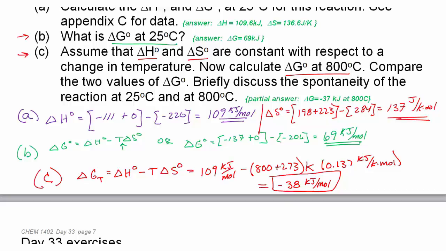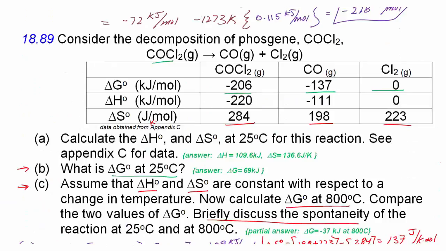So briefly discuss, well, it went from being non-spontaneous to being spontaneous. At the higher temp, it's now spontaneous. So just a few things have changed.